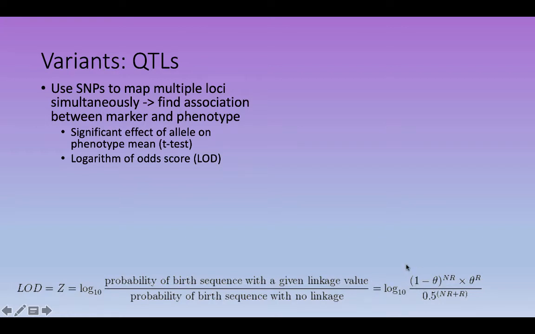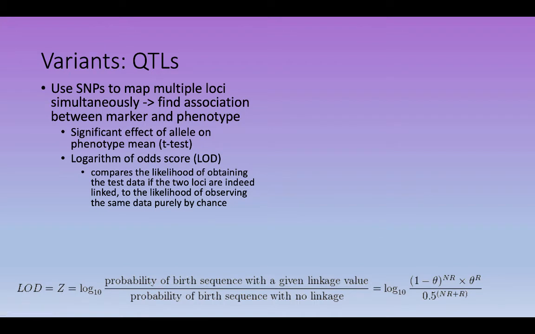So that's kind of the relationship that we're looking at. And what this is really comparing is the likelihood of obtaining the test data if the two loci are indeed linked versus the chance that they just appeared together purely by chance. So what's the probability that we're looking at two loci that are linked divided by the probability that they are random?